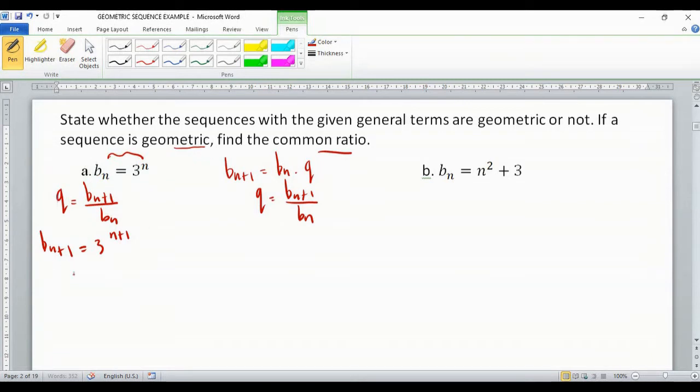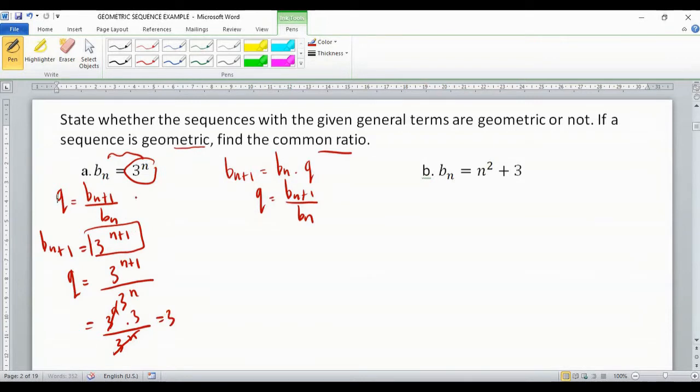So from here, we just need to substitute them: k equals Bn plus 1 over Bn, which is 3 power n plus 1 over 3 power n. In here, we can separate it into 3 power n times 3 over 3 power n, so we cancel each other, and this one is 3.